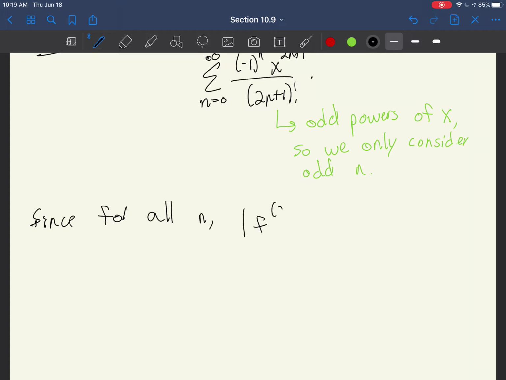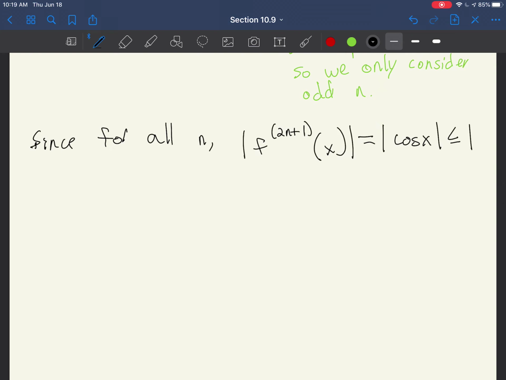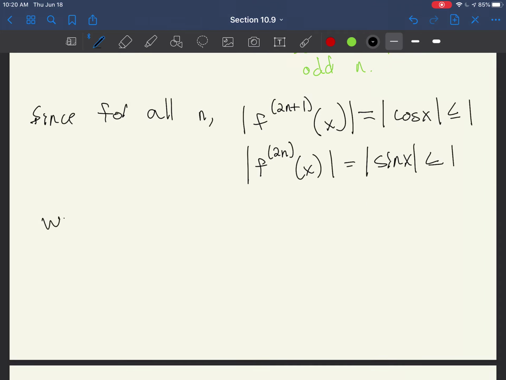So since for all n, if you take the 2n plus first derivative of f of x, this is equal to the absolute value of cosine x, and this is less than or equal to 1, versus if you take the even-powered derivative, this is going to be equal to the absolute value of sine x, which is also going to be less than or equal to 1.